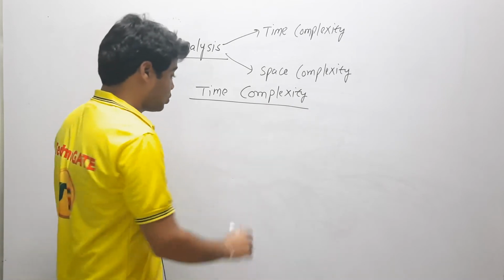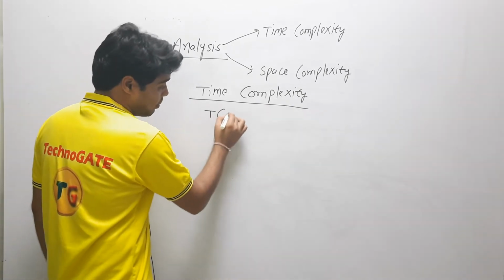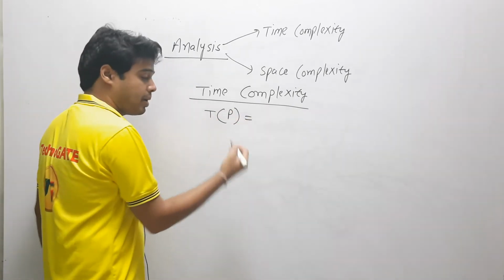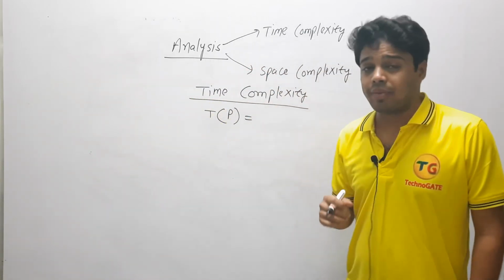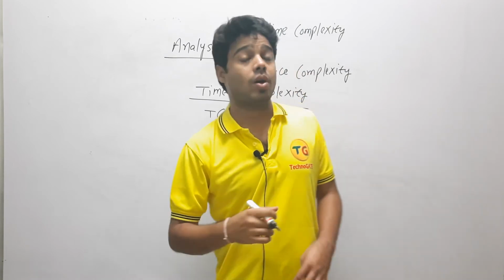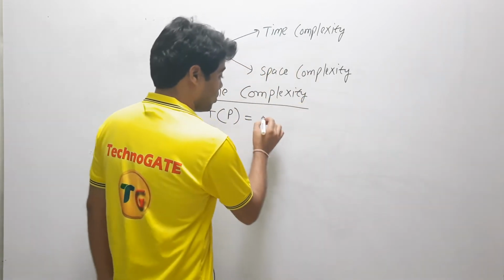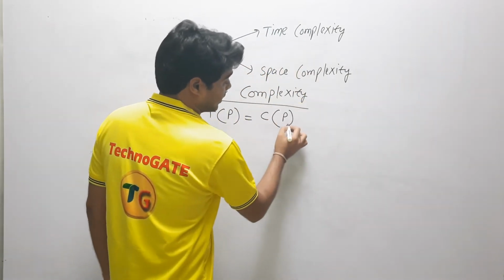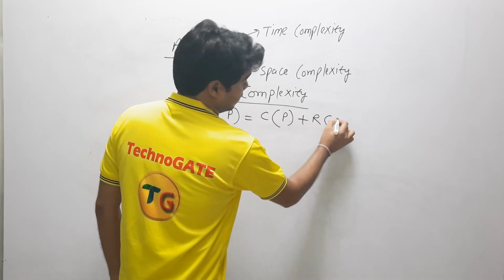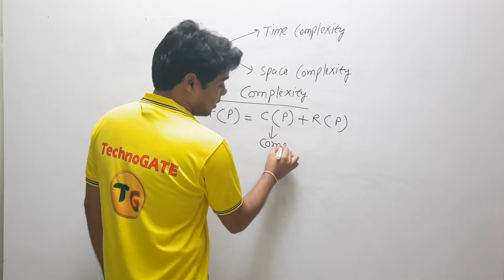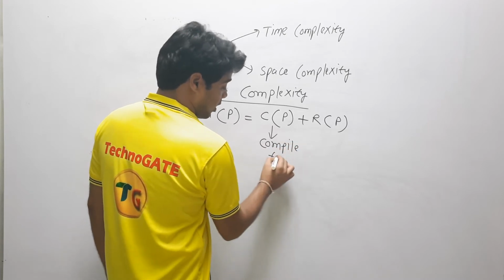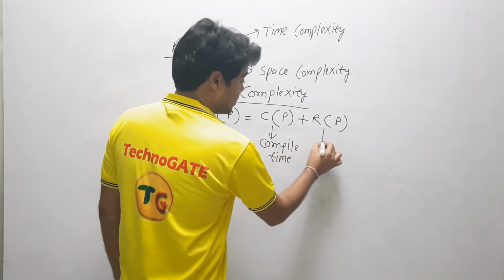Time complexity for any program. T means time, P means program. Suppose that you have to write a program. After writing a program, you have to compile that program. After that, run that program. So this is the compile time, and this one is the run time.